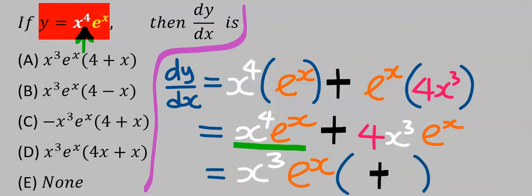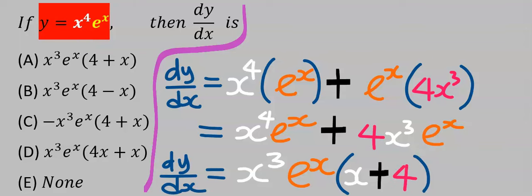On this side, x is remaining, and on this side, 4 is remaining. And from the options, our answer is A. x plus 4 or 4 plus x, both are the same. This is our final answer.